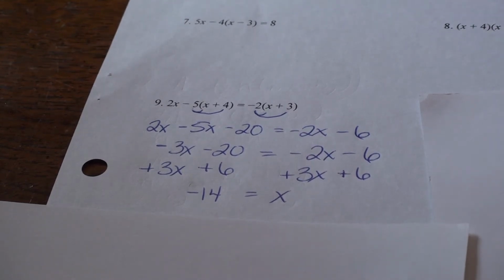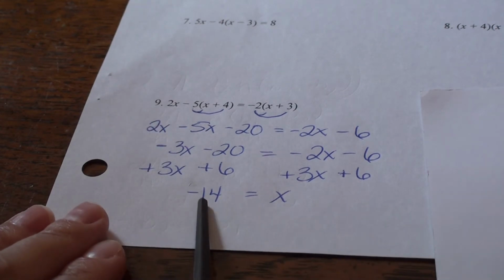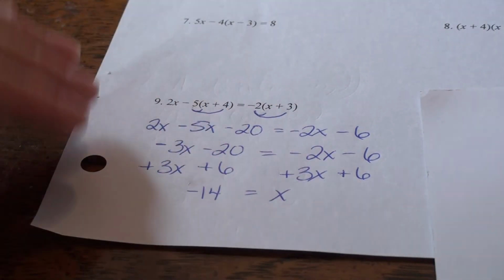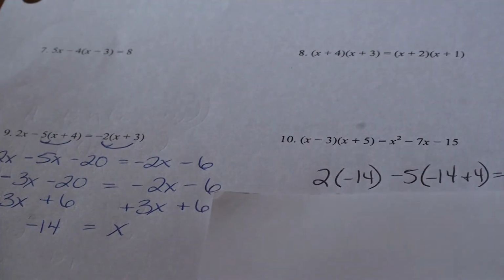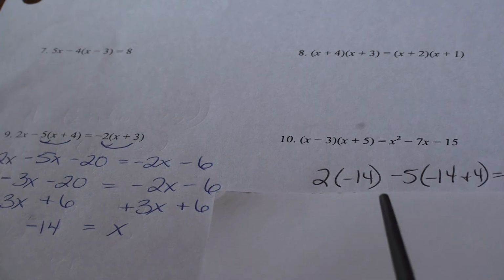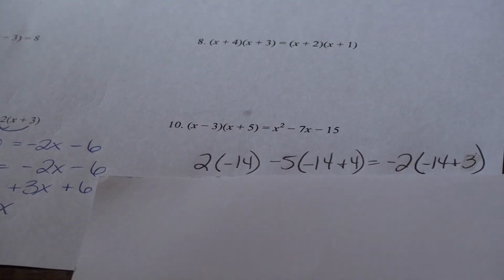Now, of course, because we want to be strong, studious students, we need to go back and check our work. So we're going to take negative 14 and substitute it wherever we see x in the original equation. So I have 2 times negative 14 minus 5 times the quantity negative 14 plus 4 equals negative 2 times the quantity negative 14 plus 3. So first we do our parentheses.